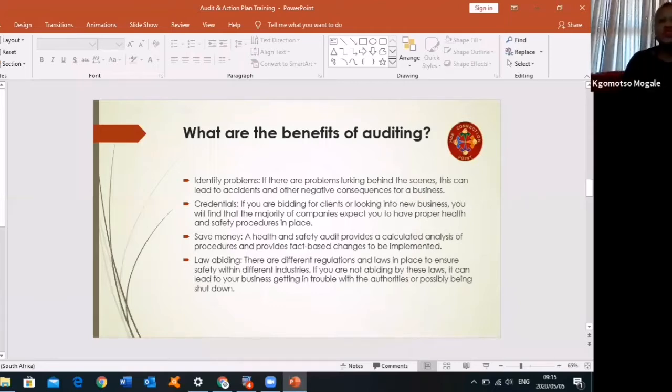No, it will be calculated, because it will come out of an audit where we have identified that this needs to be done in order for the company to save money. And saving money will also be in terms of minimizing injuries. So if we put in a health and safety audit, it will provide that kind of analysis for the procedures that we have in the company.